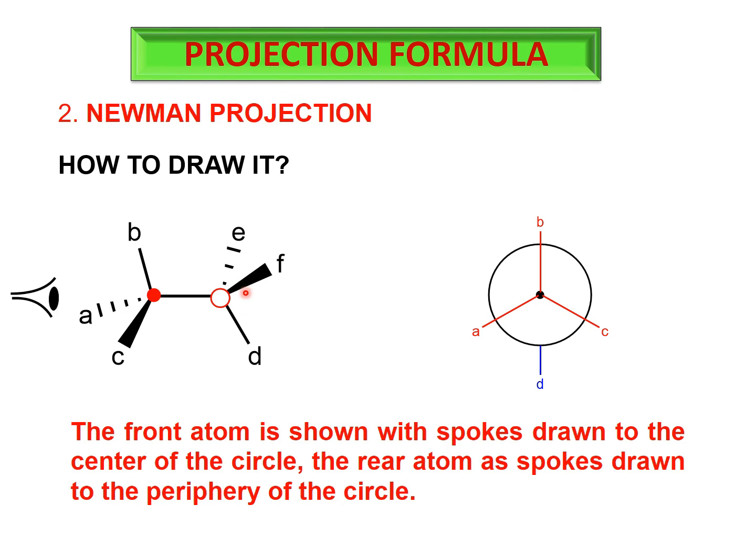So you draw F to the right and projecting upwards like this. Again, it is pointing to the center of the circle, but it is drawn from the periphery of the circle, meaning it is attached to the circle or the rear carbon atom. And then you draw E, which will appear to your left and projecting upwards.